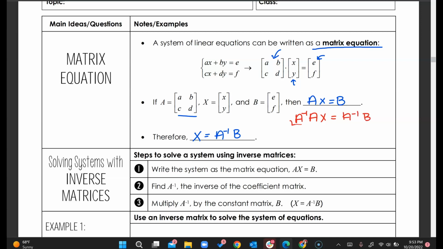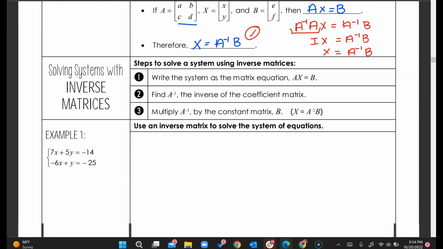But I know that A times A inverse is just the identity matrix. So I get IX, and this is equal to A inverse B. But the identity matrix times any matrix is just that matrix X. So I end up with X equals A inverse times B. And that's how we get this value here.